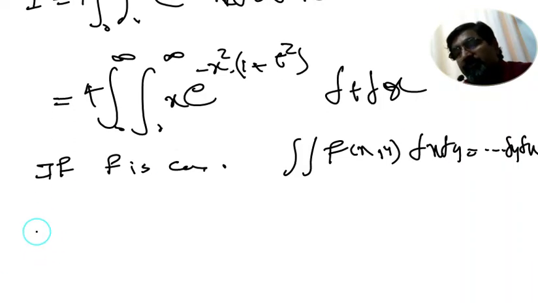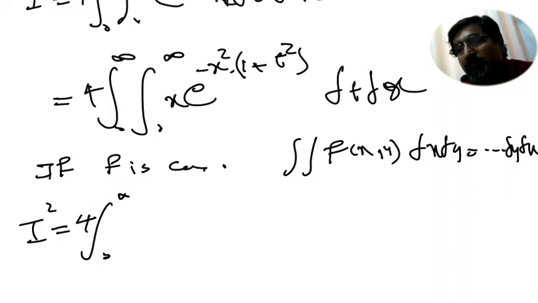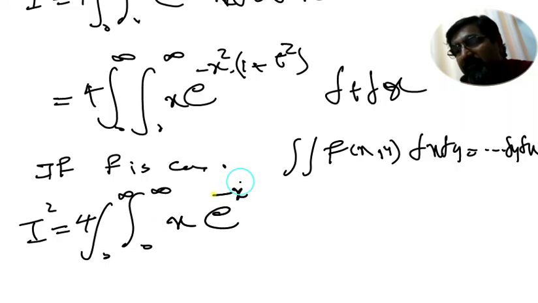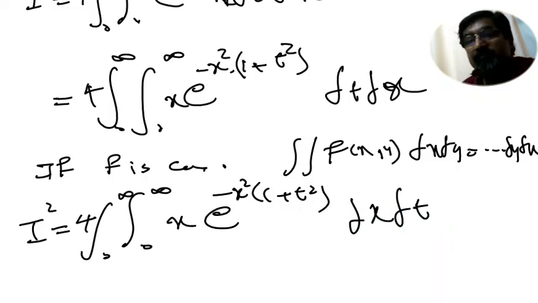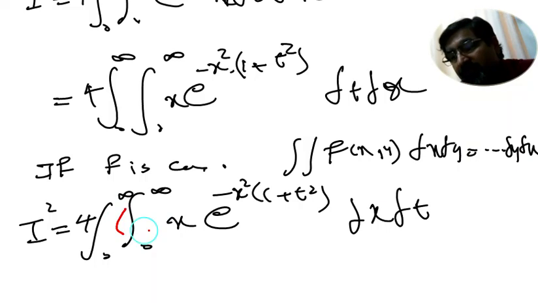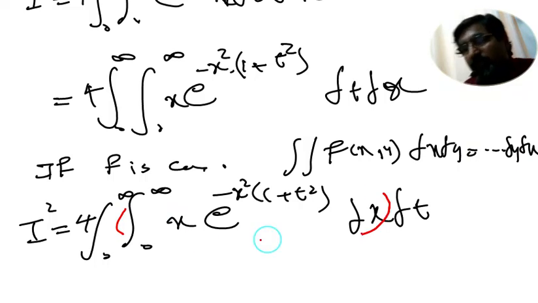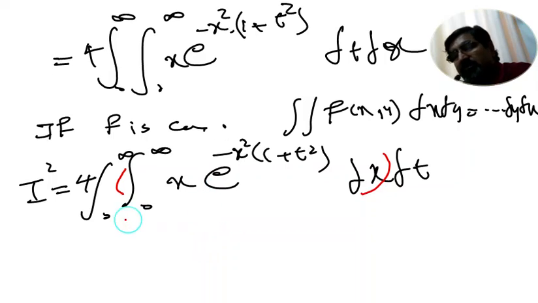So I squared equals 4 times the integral from 0 to infinity, from 0 to infinity, of x e to the minus x squared times 1 plus t squared dx dt. We want to calculate this integral.